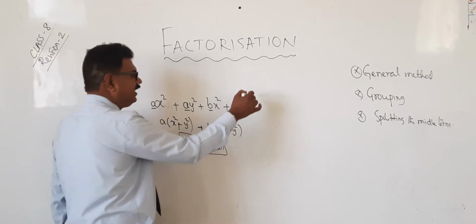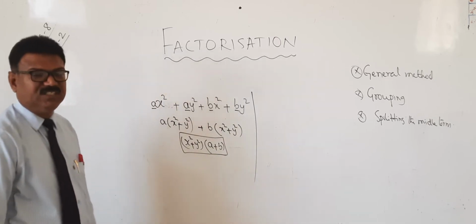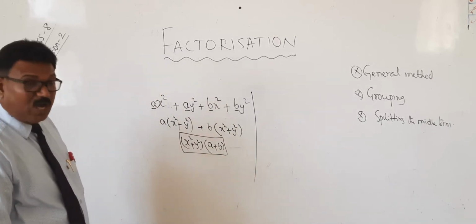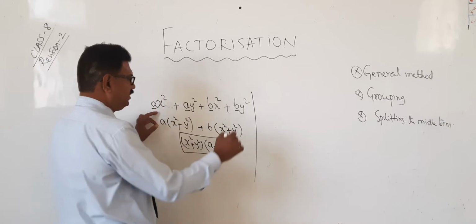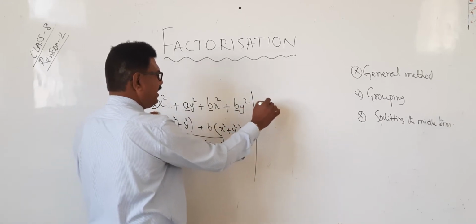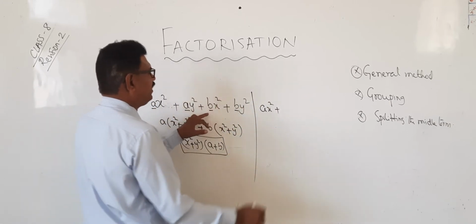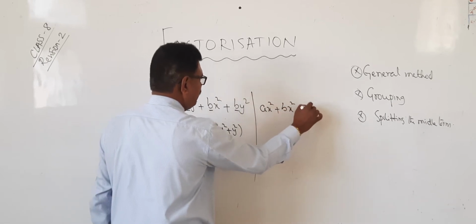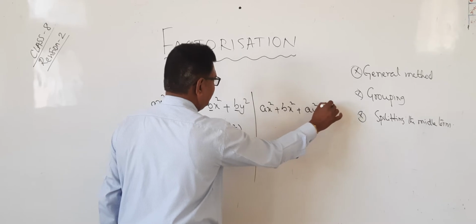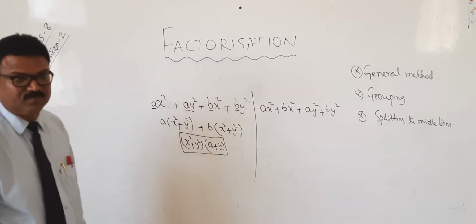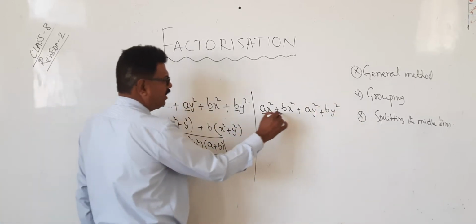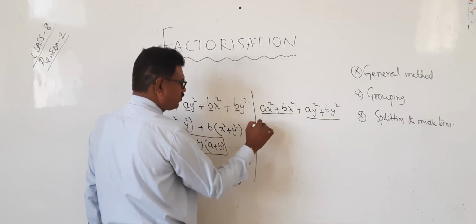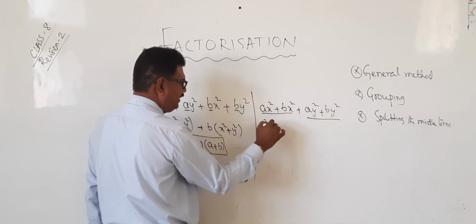Or you can solve this in a different way. How to solve? Very, very simple. Now here a x square is there. Here one more x square term, b x square plus a y square plus b y square. In these two, what is common? X square is common. What is remaining?